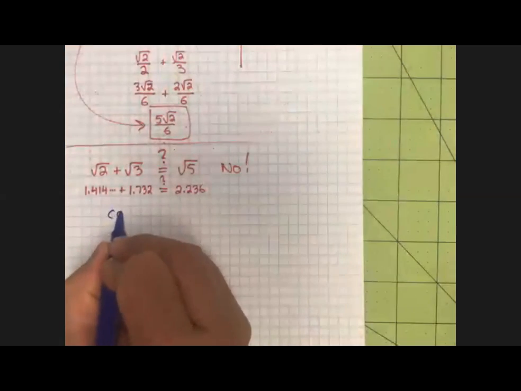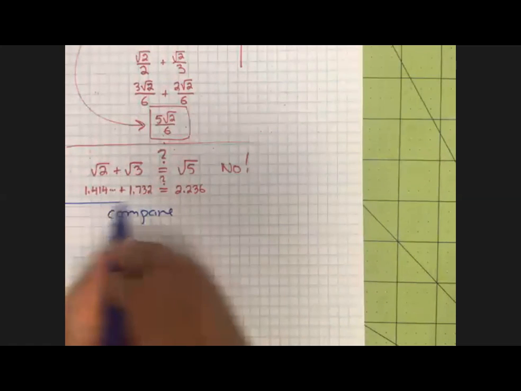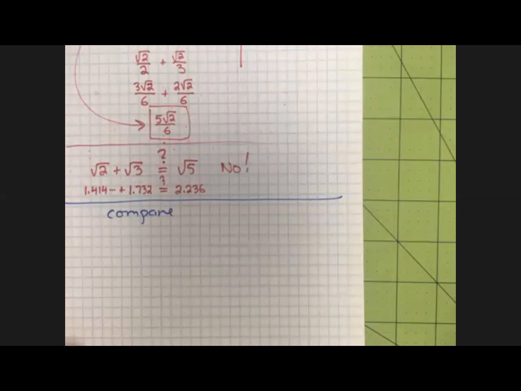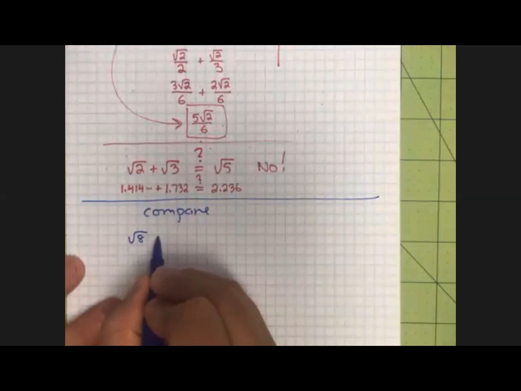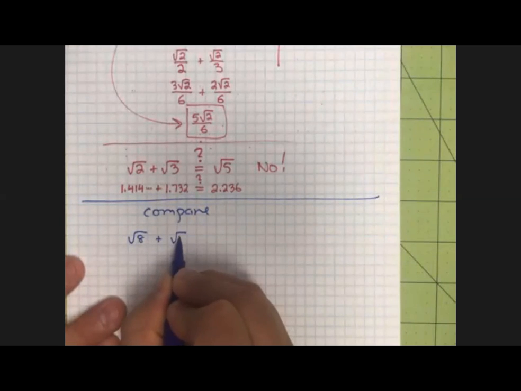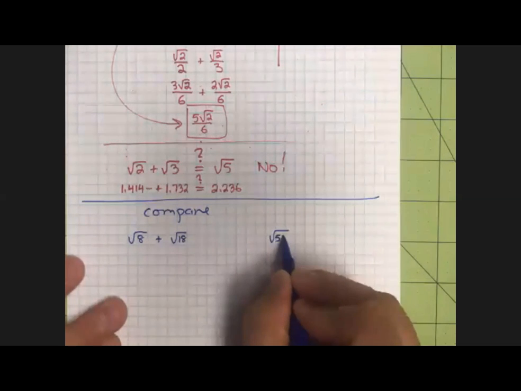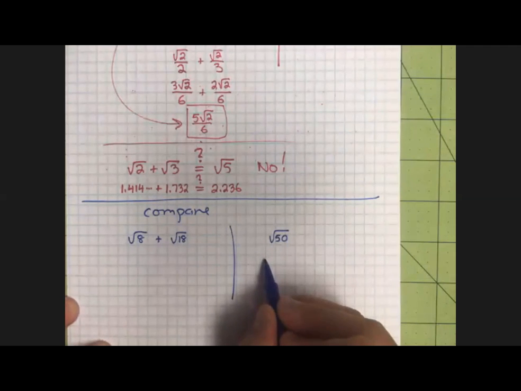So let's compare. Sorry, get back to my paper. Square root of 8 plus the square root of 18. Square root of 50. Well, now you know how to play the game. You look for perfect squares. This is 25 times 2, which is 5 root 2.